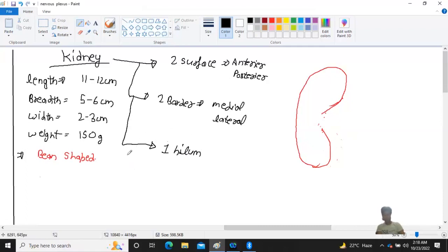And there are segments. It has five segments. Four are in the anterior, and one is posterior.